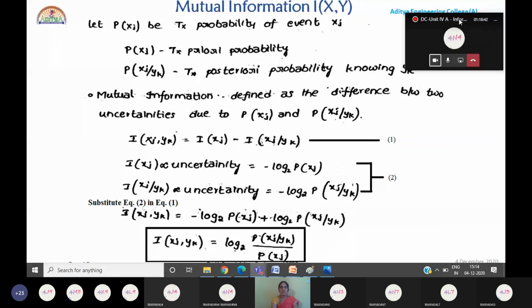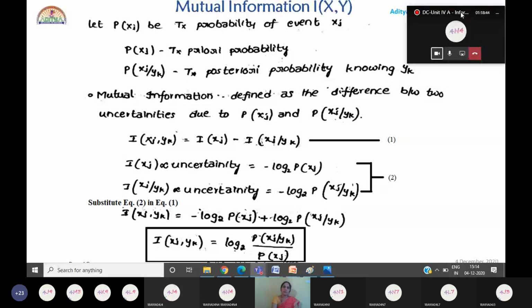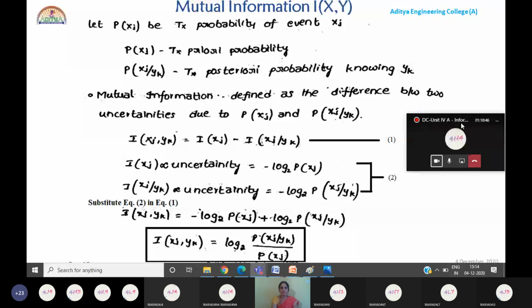Okay, now let us move to the concept of mutual information.